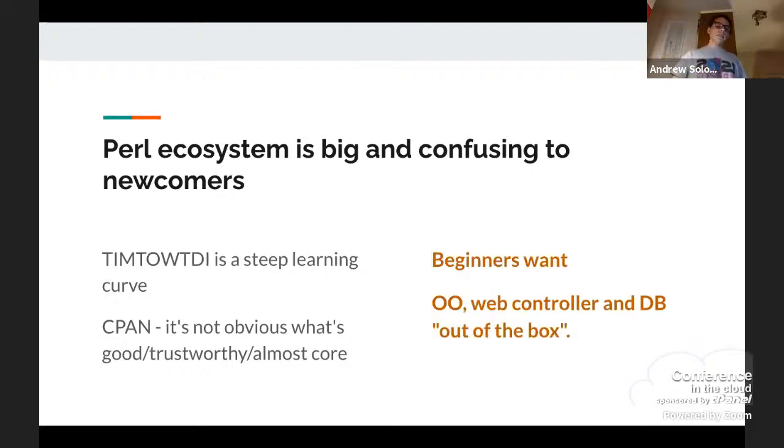So it would be nice to be offered one or several complete sets of steps that beginners can take to do OO, website, database, etc., without having to make choices as they go. Beginners don't want to make choices. I think that's fair to say.